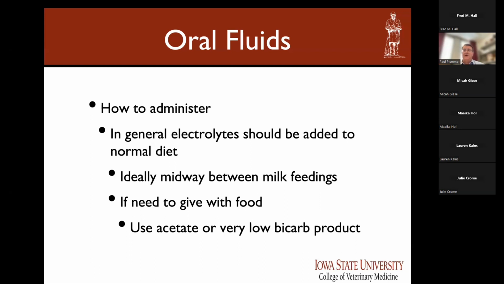So we don't want to mix it with milk. And ideally, we'd like to have an hour or two between milk administration, which again is still important. Don't pull them off milk, but not have our electrolytes right at that same time.